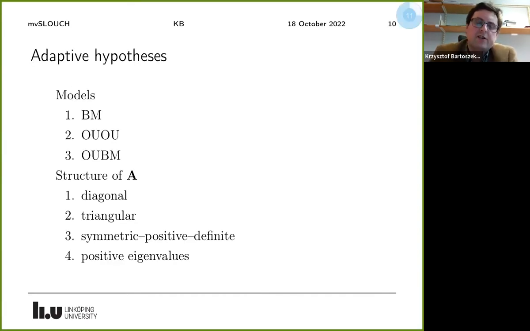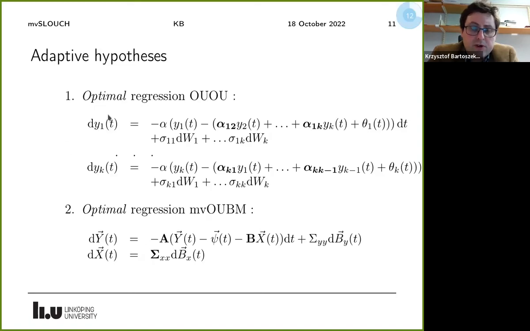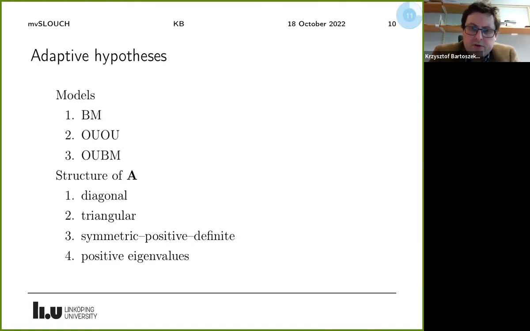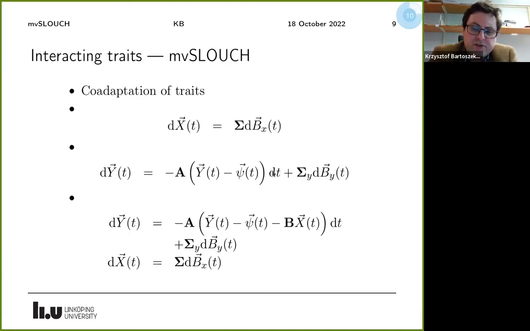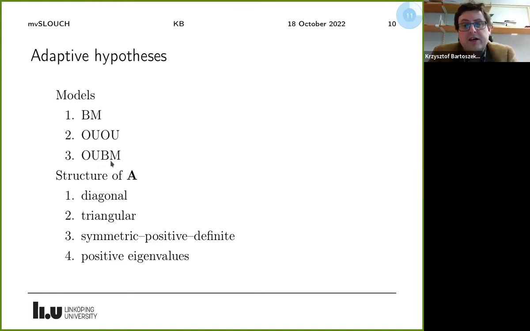Okay, and we have adaptive hypotheses. First of all, we want to see whether a pure Brownian motion would fit better, whether an OU process of this sort would fit better, or whether a mixed process with some of these traits evolving according to a Brownian motion would fit better. Then the other question that we want to ask is, can we go one step further and formulate hypotheses on the structure of A?